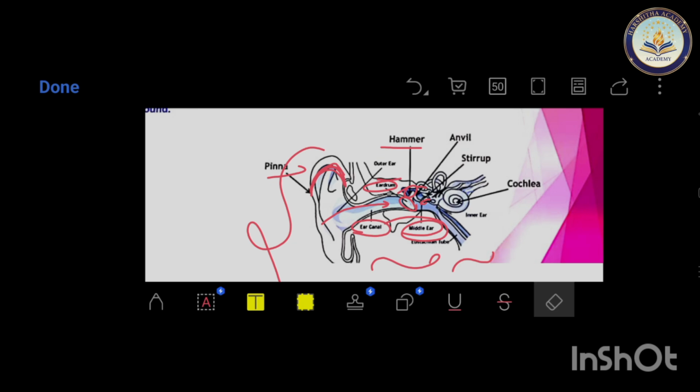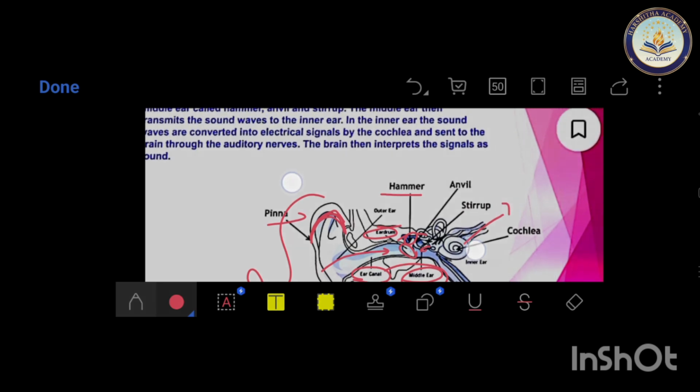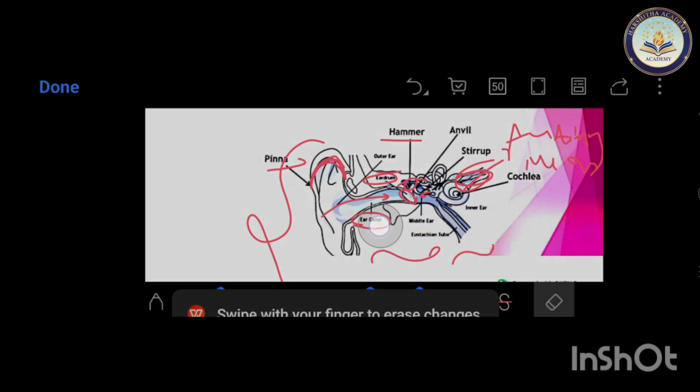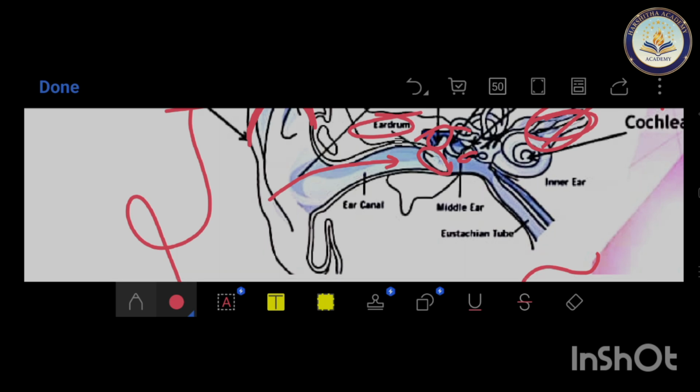What is that structure's name? The auditory nerve, the nerve which gives the sensation of sound. It is connected to the brain; this nerve is important, guys. This is called the extension tube.